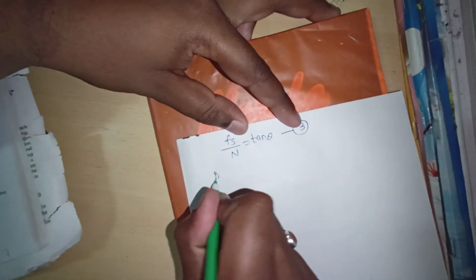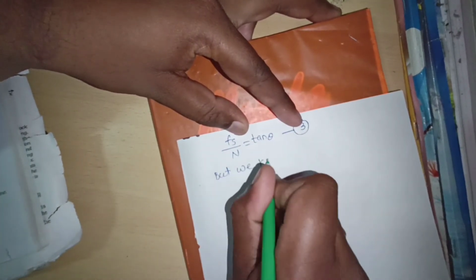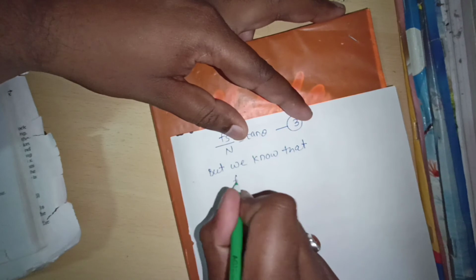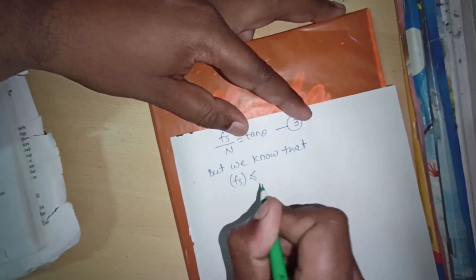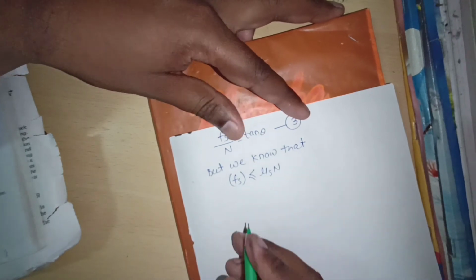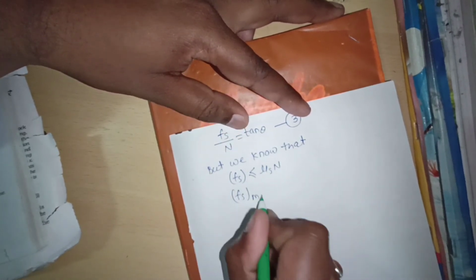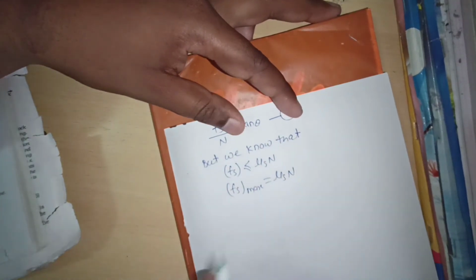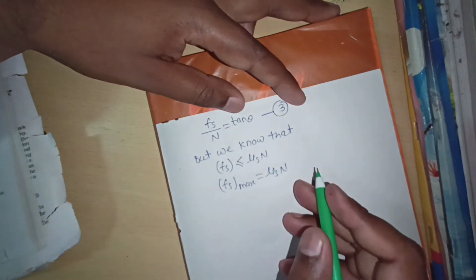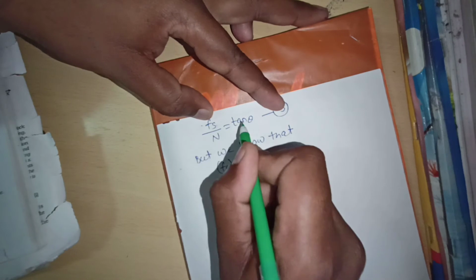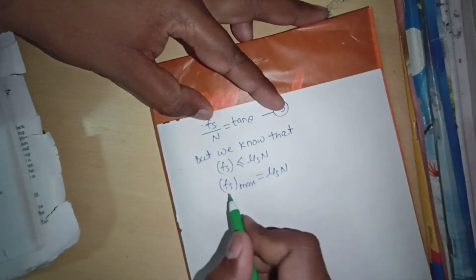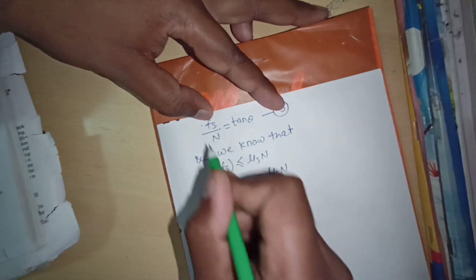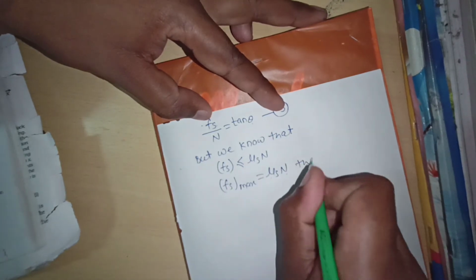But we know that static friction is less than or equal to mu s into N. Therefore maximum static friction is equal to mu s into N. When Fs is maximum, then theta is also theta maximum.